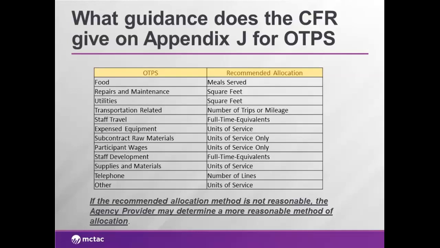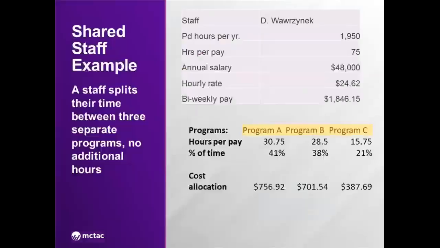You will need to be able to document the reason why the guidance that you were given doesn't work for your program category, what methodology you used, and why you think it is a more reasonable way of allocating cost. So you're not locked into this, but I think it is important to start from the guidance that's provided from the state to see that it works for you.